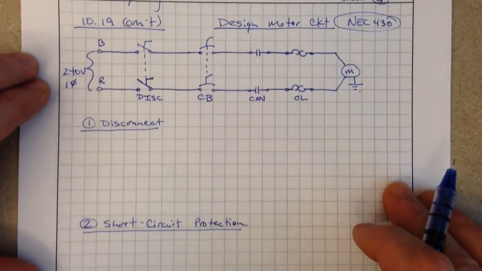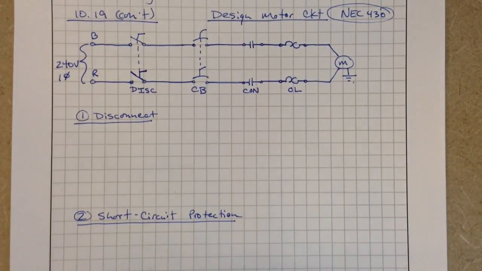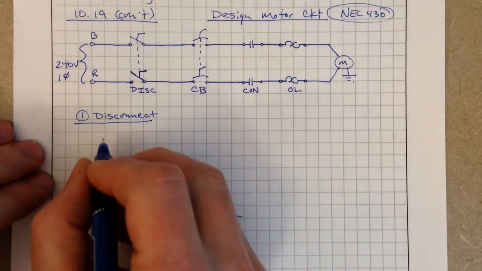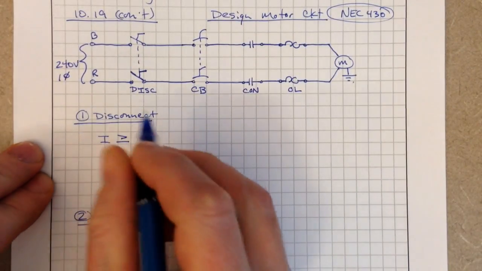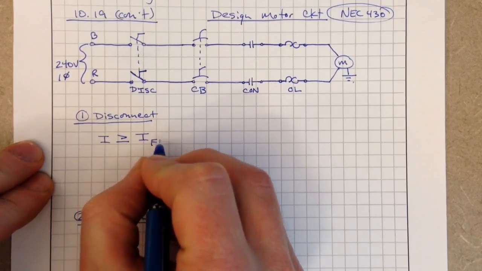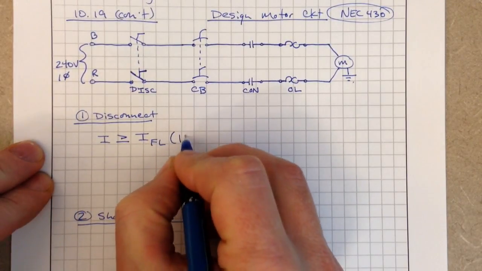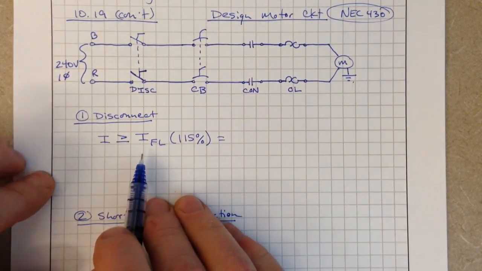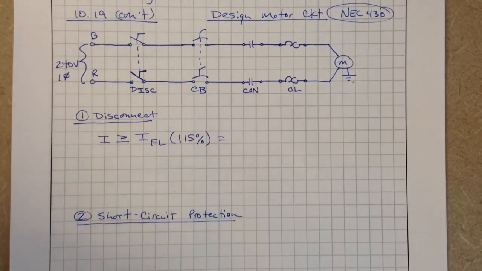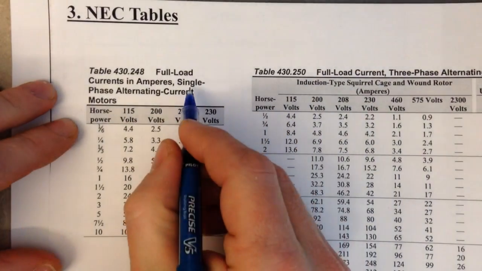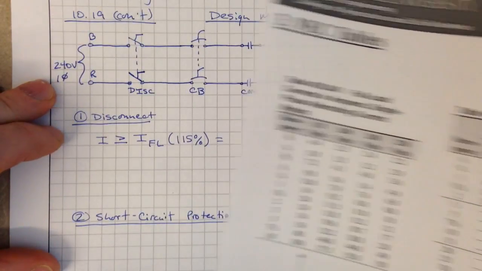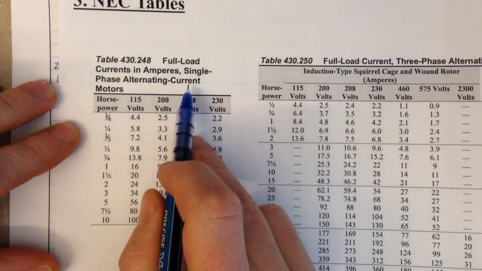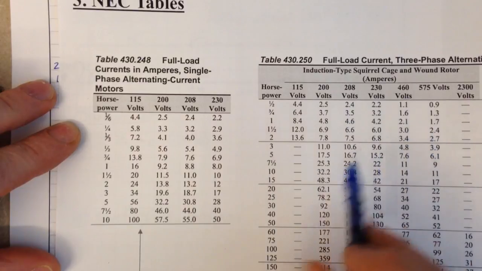So looking at the disconnect to start, if we go back to our slide presentation, we need the current rating of our disconnect to be greater than or equal to the full load current times 115%. Now this full load current must be from our NEC table 430.248, because our circuit's a single phase circuit, so we want to use our single phase table. You're going to use a 3-phase table when you do your homework.